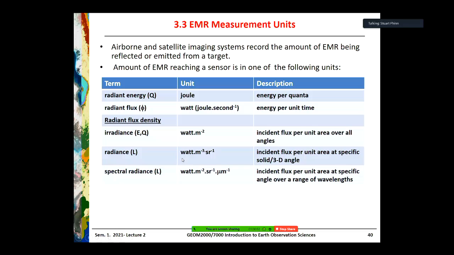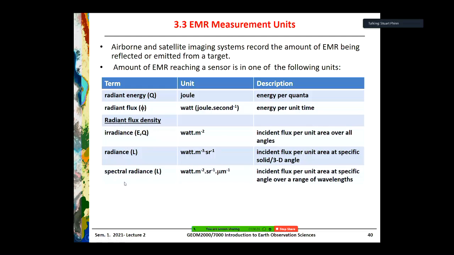If we make that measurement for a specific viewing angle, a three-dimensional angle, like a cone, you can't really measure that in degrees. So we have another term called a steradian, which is essentially a three-dimensional version of degrees.